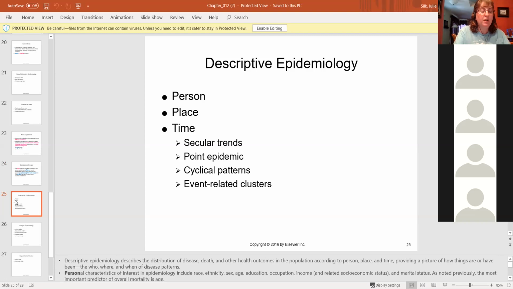A fourth type of temporal pattern is non-simultaneous event-related clusters. These are patterns in which the time is not measured from fixed dates on the calendar, but from the point of some exposure or event, presumably experienced in common by affected persons, although not occurring at the same time.